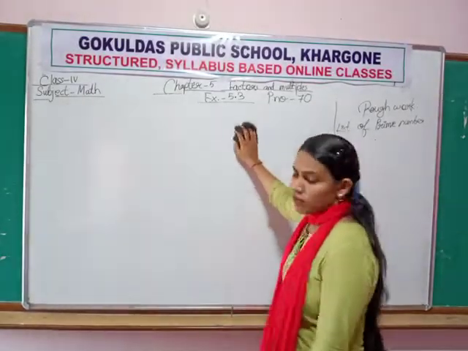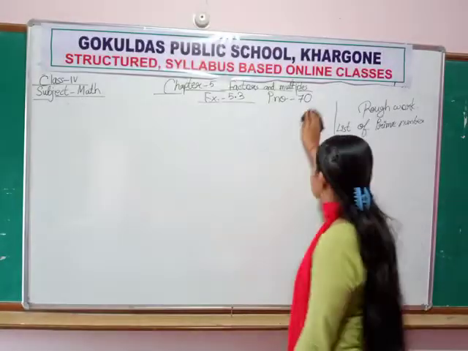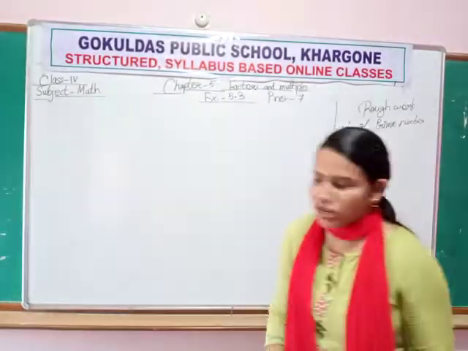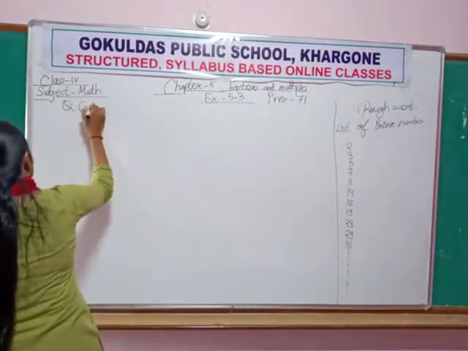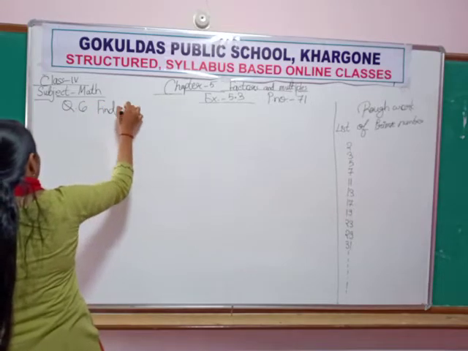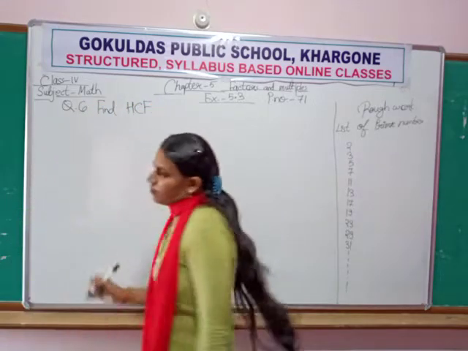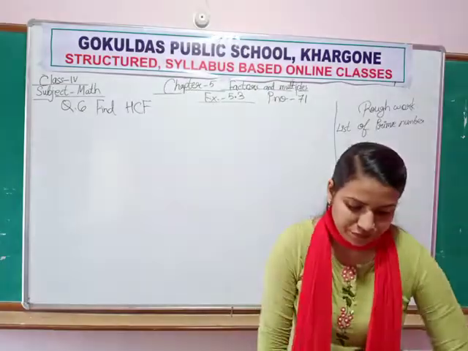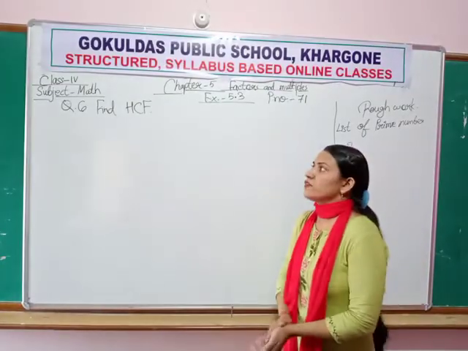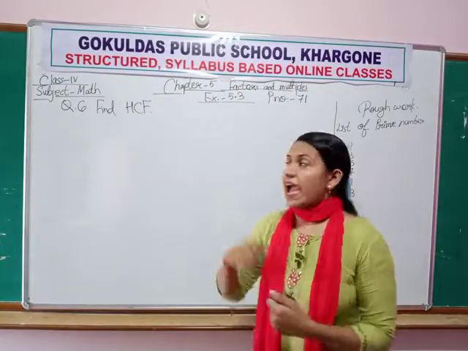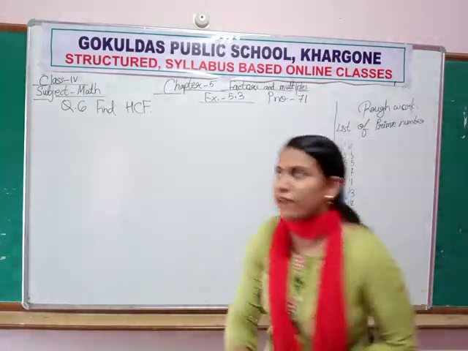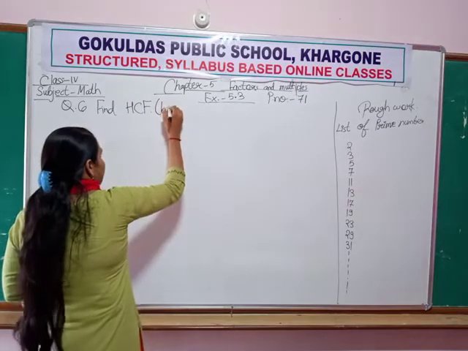Now question number 6, which is on page number 71. Find HCF. Your question is: find the HCF of the following pair of numbers. HCF means highest common factor.